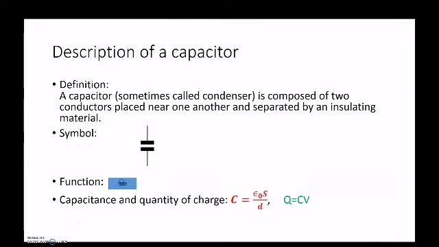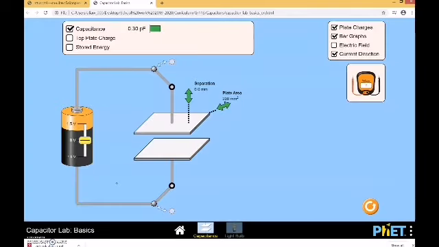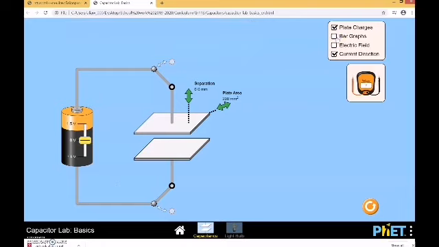Okay. Consider a parallel plate capacitor. Here we have the capacitor. Here we have the voltage source, the battery.